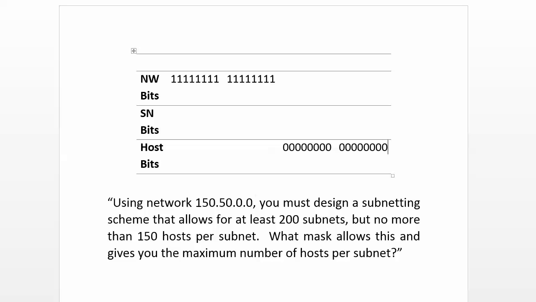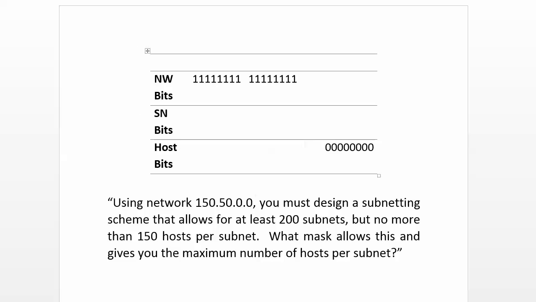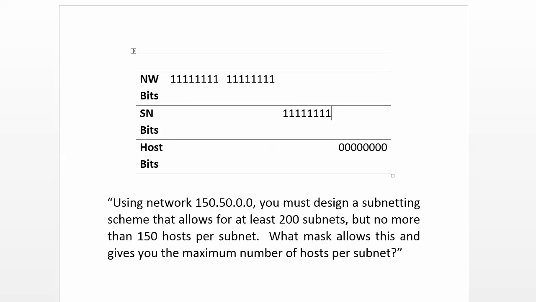Because that's 2 to the 8th power, that gives us the number of valid subnets. I like this because it really illustrates what's going on with our subnetting. We're borrowing those host bits and turning them into subnet bits by putting a 1 in there. So that meets the first requirement.